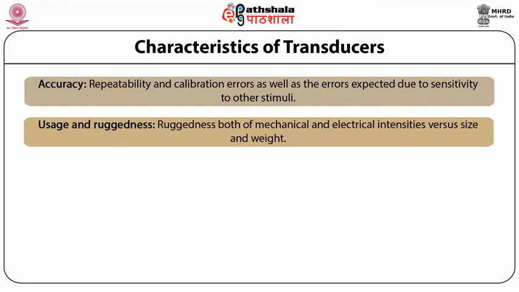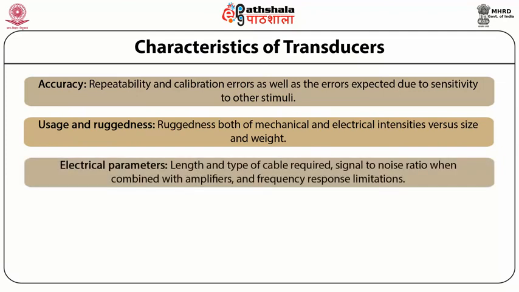Ruggedness, both of mechanical and electrical intensities versus size and weight. Electrical parameters, length and the type of cable required, signal to noise ratio when combined with amplifiers, and frequency response limitations.